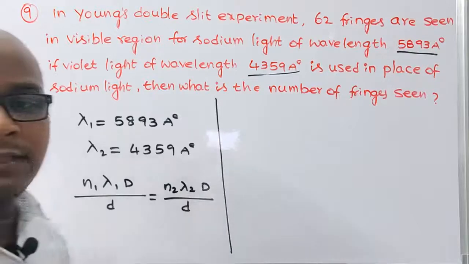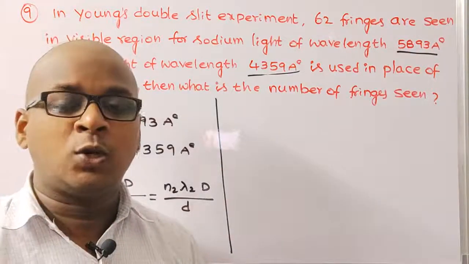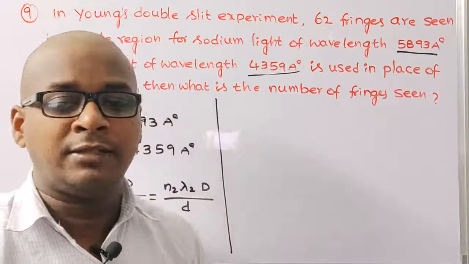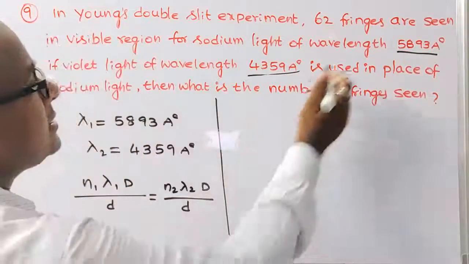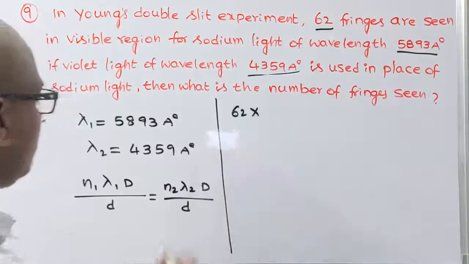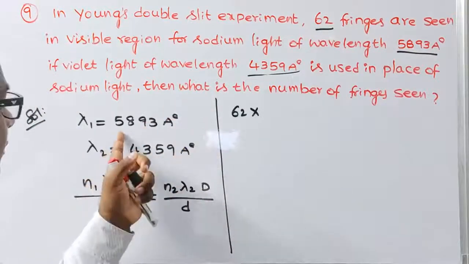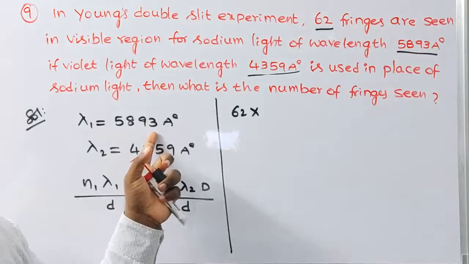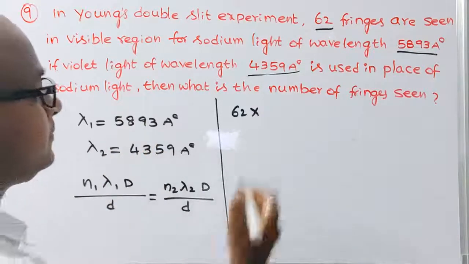So the above condition is that the total extent of the fringes is constant for both wavelengths. The first fringe n1 is 62 into lambda 1, which is 5893 angstrom. To convert angstrom to meter, 10 power minus 10.